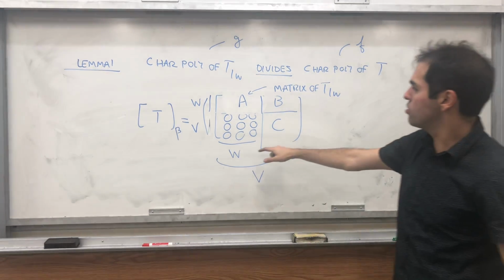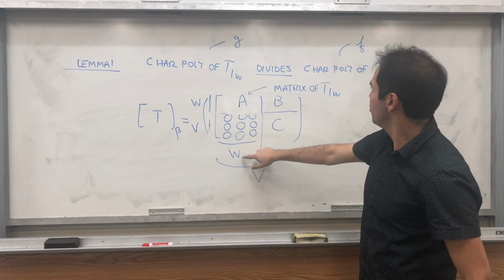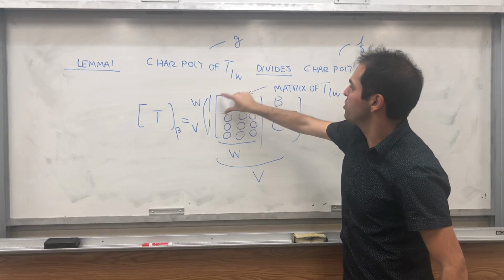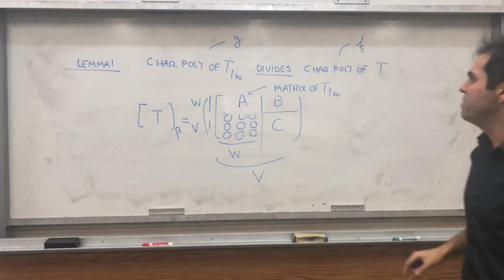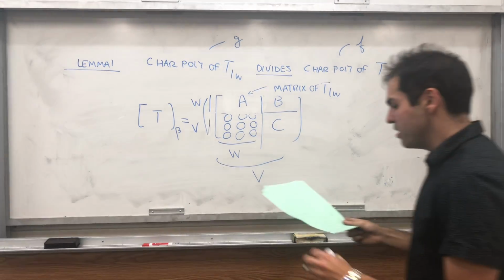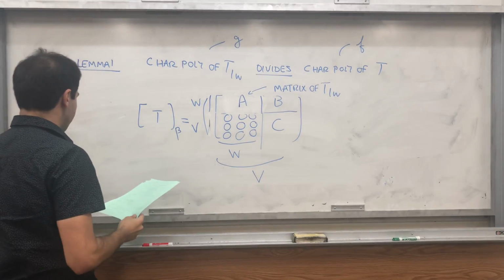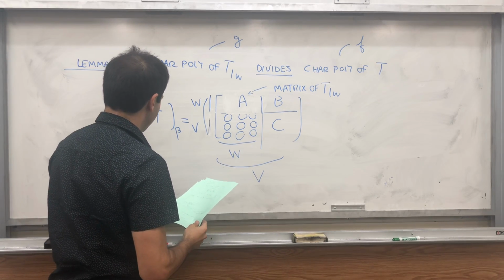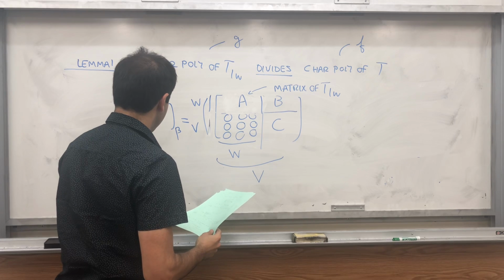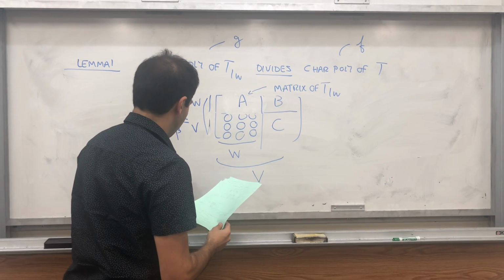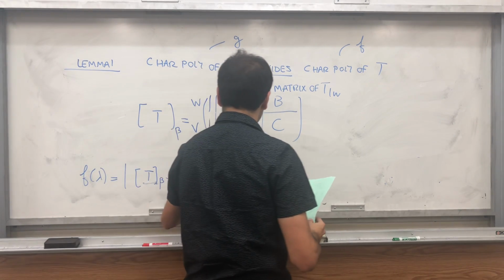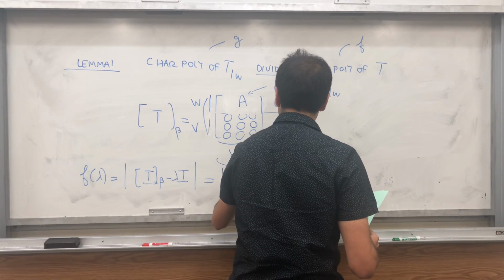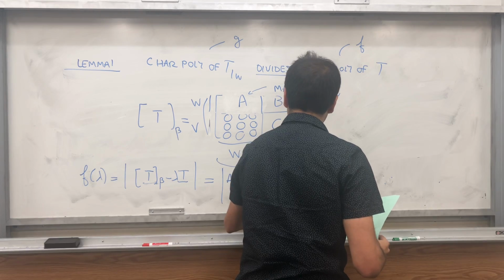Because T restricted to W is just you apply T to the vectors in W and you express them in terms of W. So that's really the matrix of T restricted to W. And then what is the characteristic polynomial? f of lambda is the determinant of that matrix minus lambda I, which here becomes the determinant of the block matrix [A minus lambda I, B; 0, C minus lambda I].